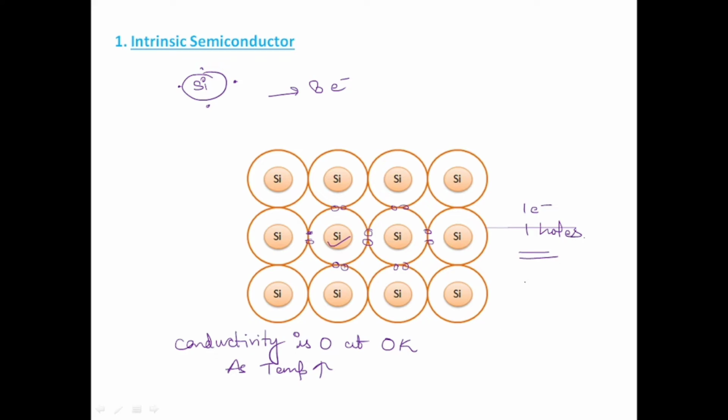Every time a bond is broken, one electron and one hole are created, so the number of holes equals the number of electrons in this case. But it does not attain the conductivity required for use in any device. So generally intrinsic semiconductors are not used, but we use extrinsic semiconductors.